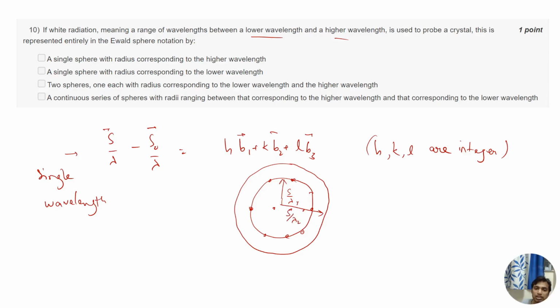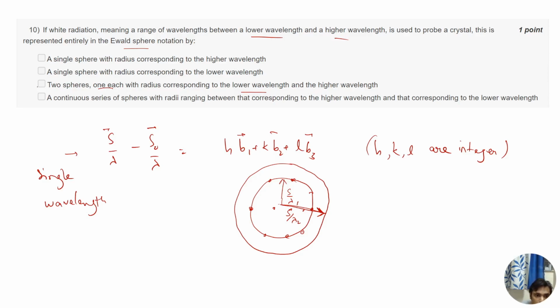Lambda 1 is in the denominator, so the shorter wavelength will correspond to this long vector. Okay, so this is represented entirely in the Ewald sphere notation by two spheres, each with a radius corresponding to the lower wavelength and the higher wavelength.